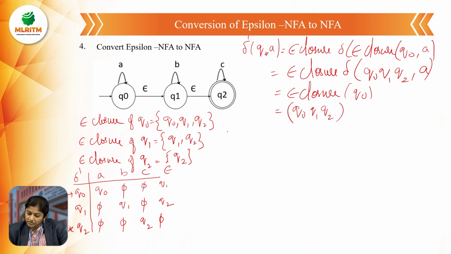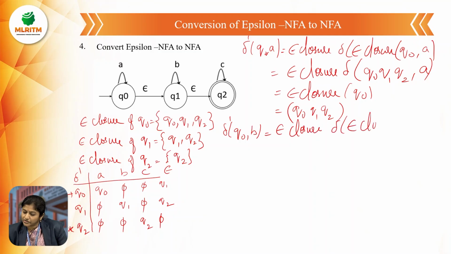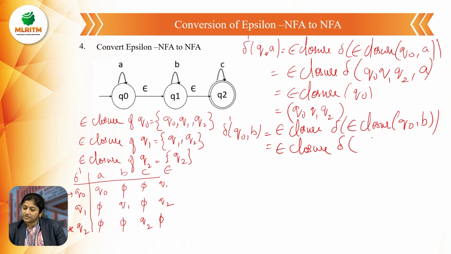Next, delta dash transition of Q naught on B. Epsilon closure of delta of epsilon closure of Q naught on B. Epsilon closure of Q naught is Q naught, Q1, Q2 on B. Q naught on B is null set.